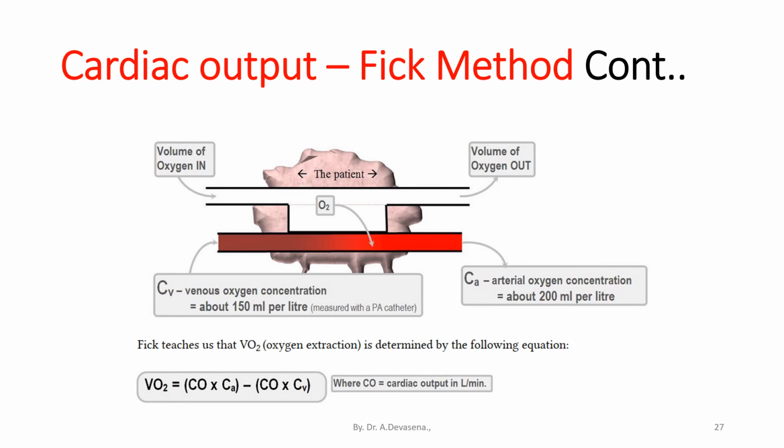Therefore, Fick teaches us that oxygen extraction is determined by the following equation. Volume of oxygen extraction is equal to cardiac output times arterial oxygen concentration minus cardiac output times venous oxygen concentration. From this equation, we can obtain the oxygen extraction.